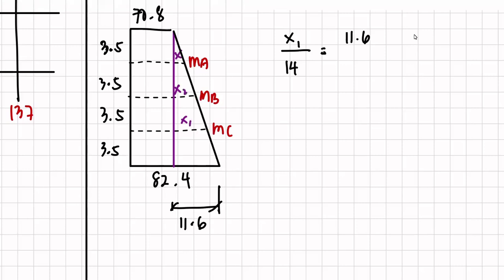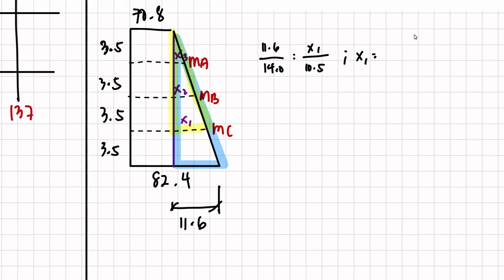Okay. So, rewrite lang natin yung numbering natin. So, this is X sub 1, 2, 3. Okay. So, X sub 1 natin, gawin natin yung triangle na yan over yung bigger triangle natin. Okay, ratio and proportion tayo. That is 11.6 over 14 is equal to X sub 1 over 10.5. Kasi pa-plus na lang natin ng 70.8. And then we have another ratio, X sub 2 over 7.0.